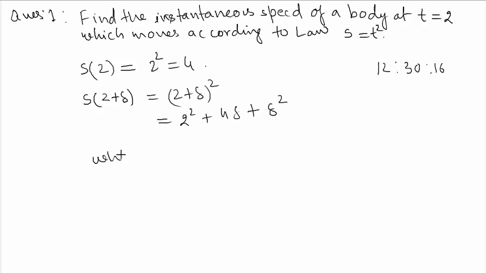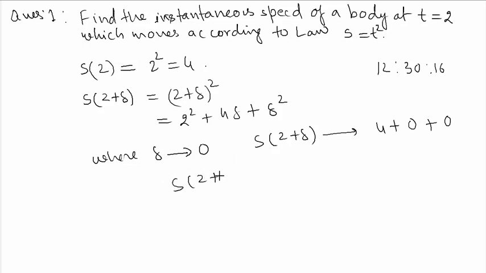Here delta tends to 0. Even if delta tends to 0, s of 2 plus delta will tend to 4 plus 4 delta tends to 0 plus 0. So we can say that s of 2 plus delta tends to 4.